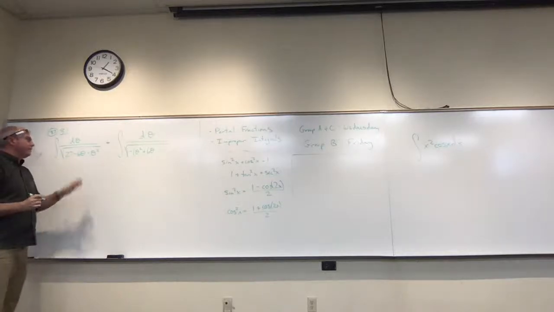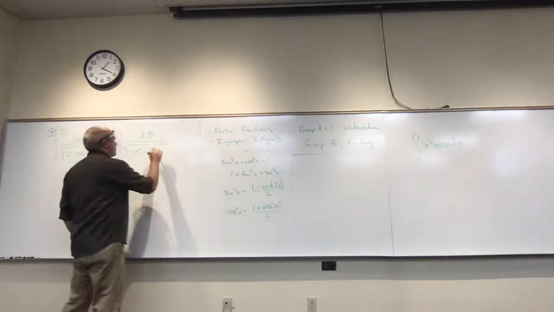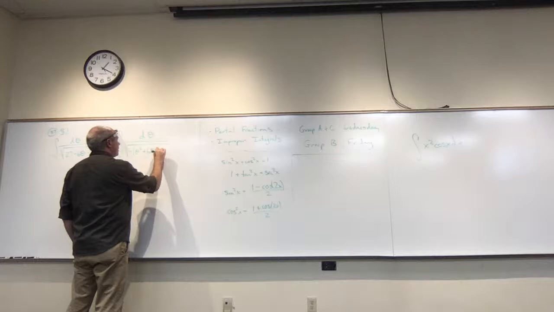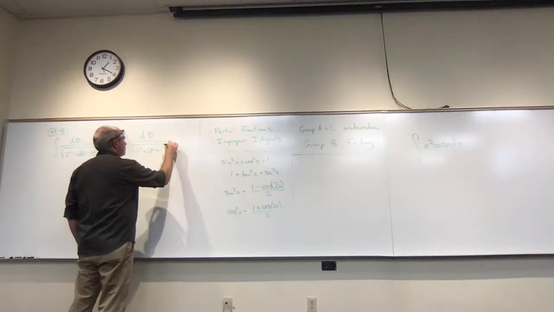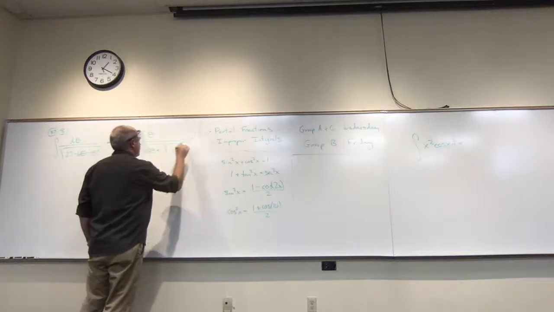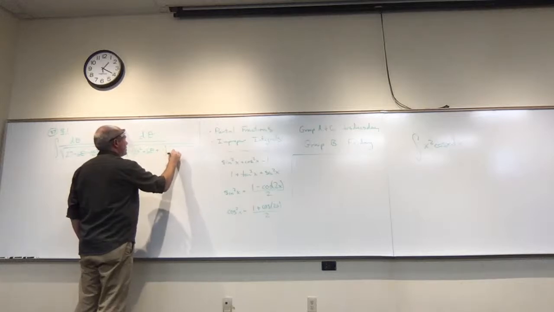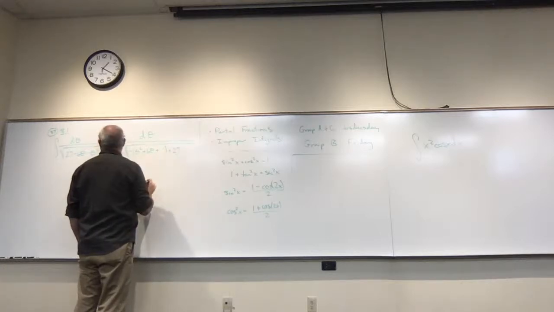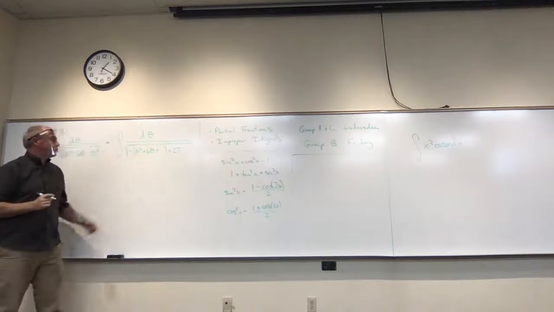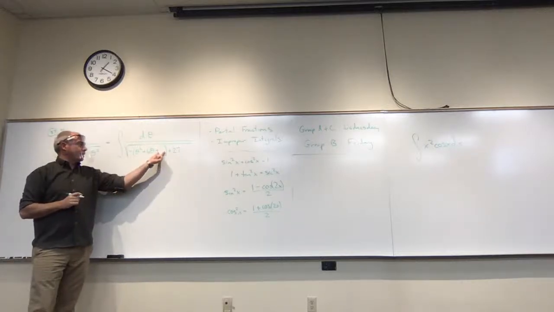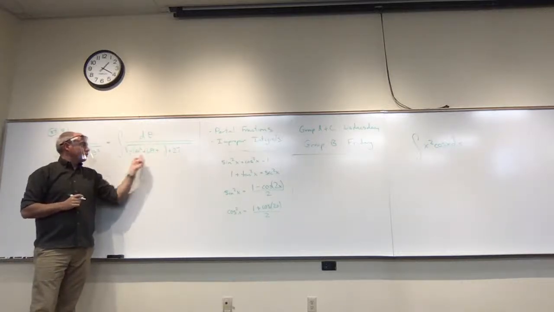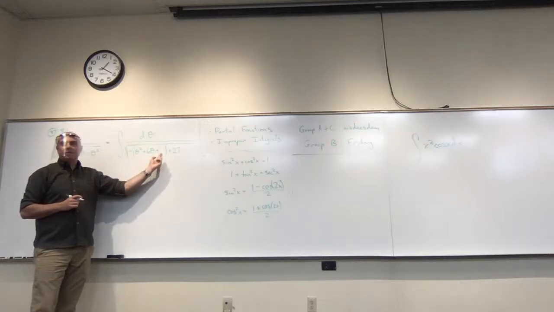Maybe I'll just leave it out by itself though, because what I want to do is complete the square. And now the question is, what should go right here to complete the square so I can just write this as something squared? What should go here?